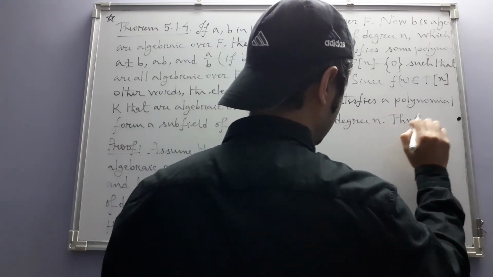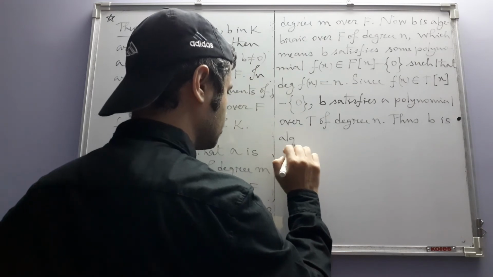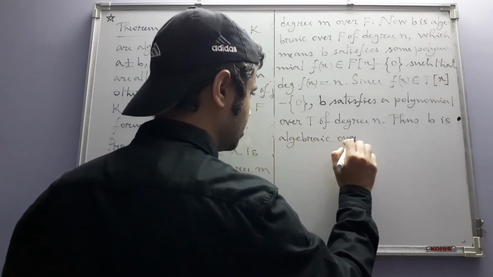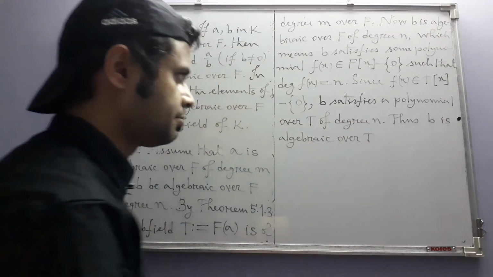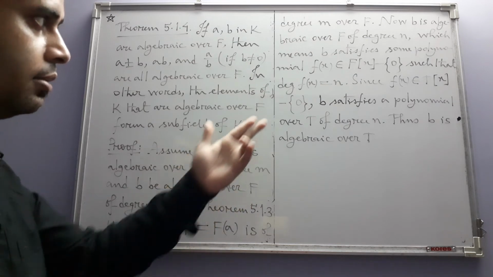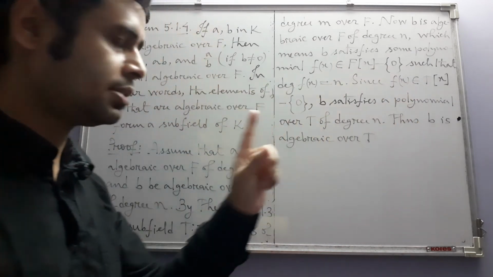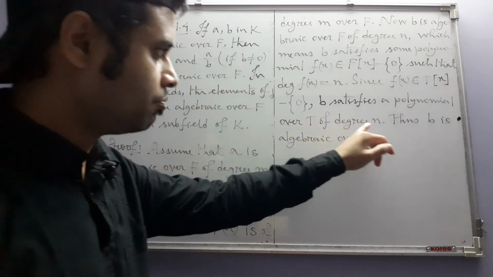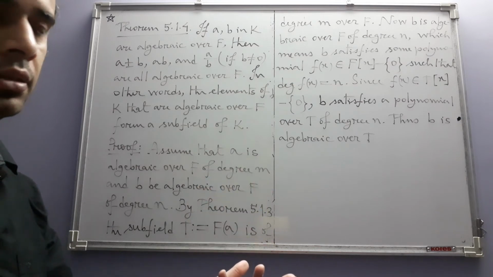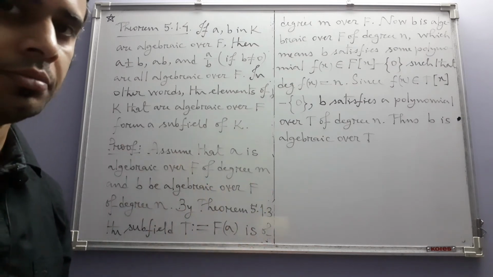Thus, B is algebraic over t. Since we are saying the polynomial has a degree, and we have shown here that f(x) is a non-zero polynomial, B is satisfying a non-zero polynomial over t, which says that B is algebraic over t.